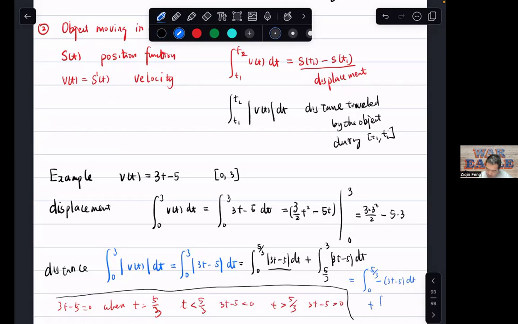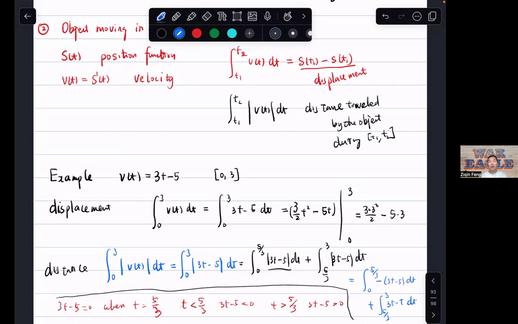Then plus integration from 5 over 3 to 3. On the right side of 5 over 3, the term inside the absolute value is positive, so we can get rid of that directly, right? Because that's positive. So that's how we get rid of the absolute value.